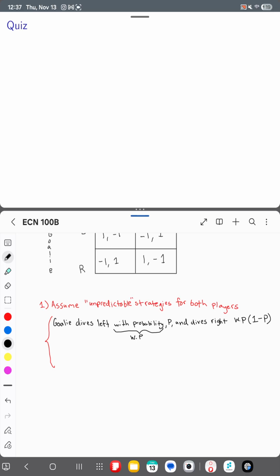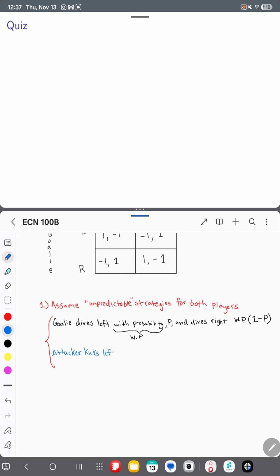Now think of the other guy. For the other guy, I also want to have an unpredictable strategy. So the attacker is going to kick left with probability. I don't know what this probability is going to be.